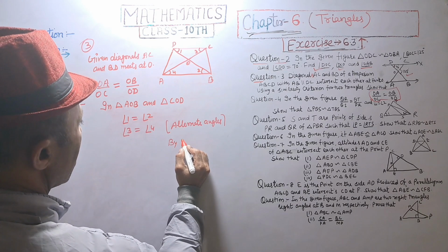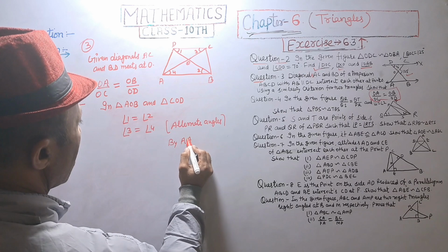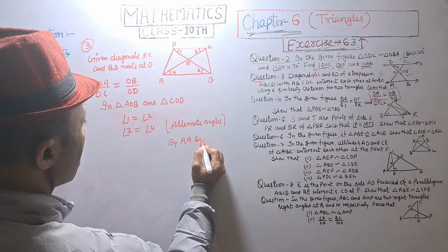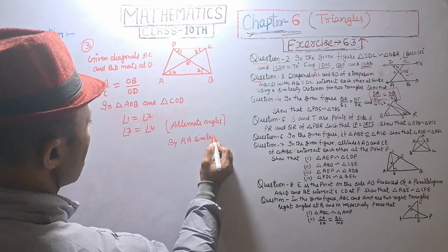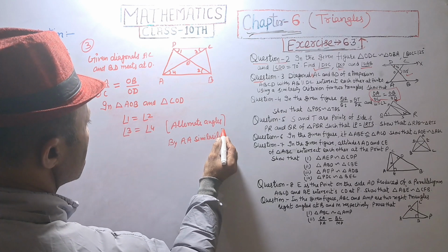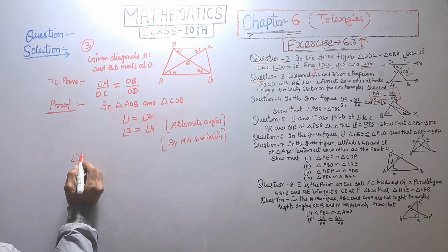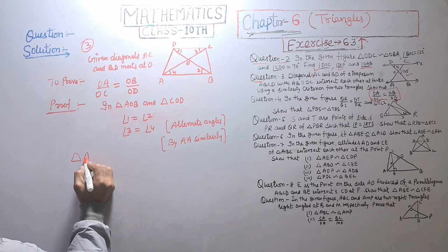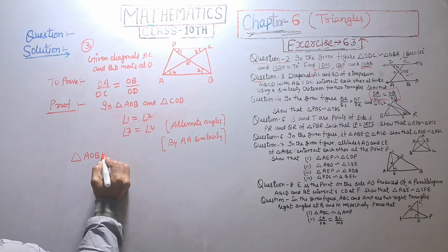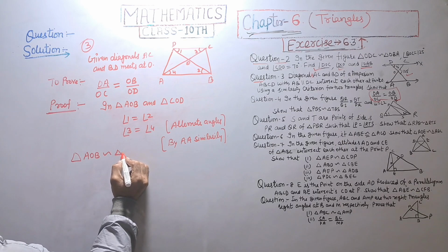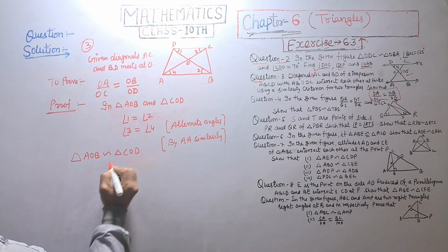By angle similarity, triangle AOB is similar to triangle COD.